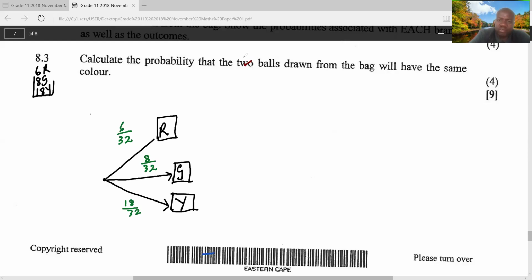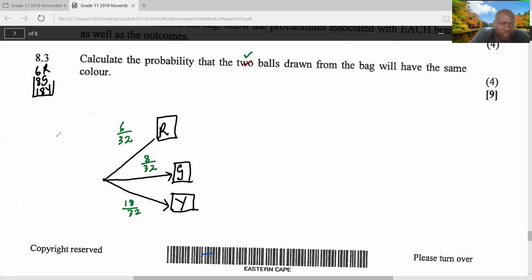We want to select 2 balls, but not at the same time, but one after another. So which means that we still have other possibilities. If we got red for the first time, there's a possibility that we might also get a red ball, or a green one, or a yellow one. So we can get the following outcomes.